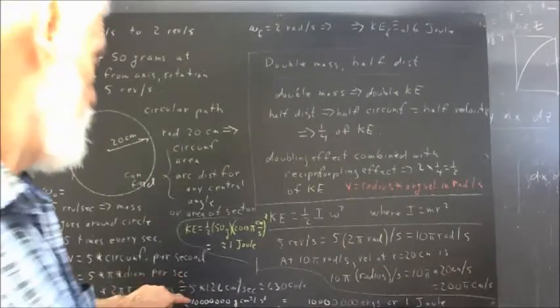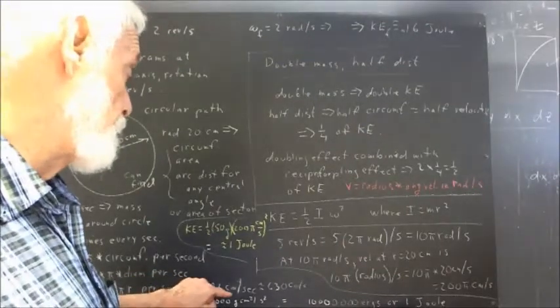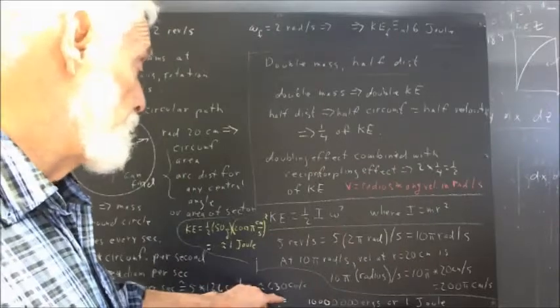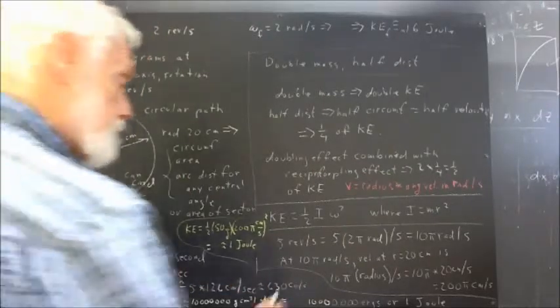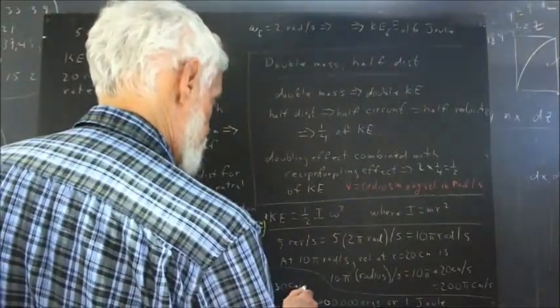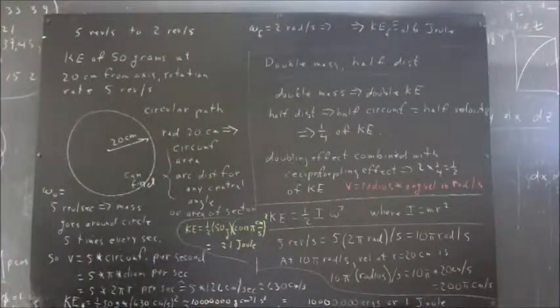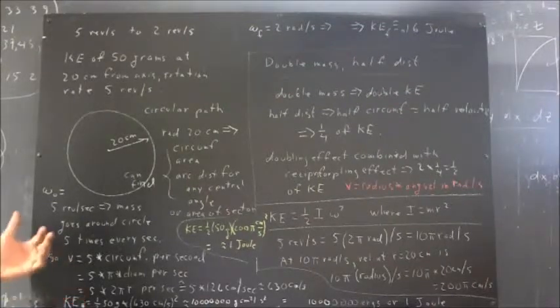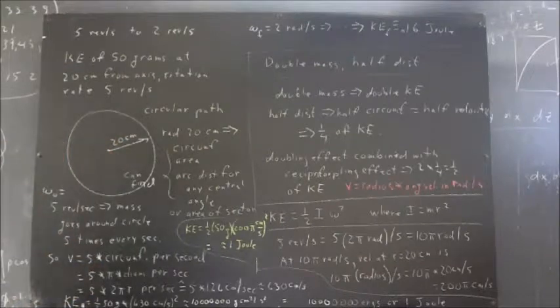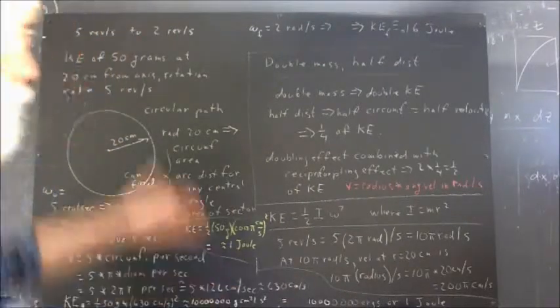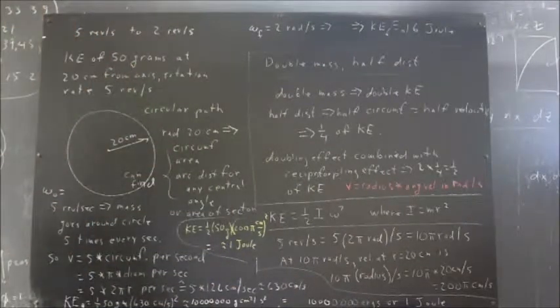Okay, well, that's then 5 times 126 centimeters every second, which is 630 centimeters per second. So what's the kinetic energy? Well, the initial kinetic energy, which I denote by KE0, is what? 1/2 mass times velocity squared. Now that we know how fast it's moving, it's real easy to calculate the kinetic energy.